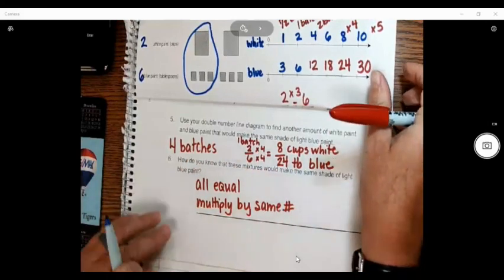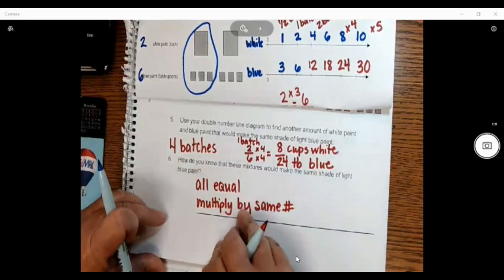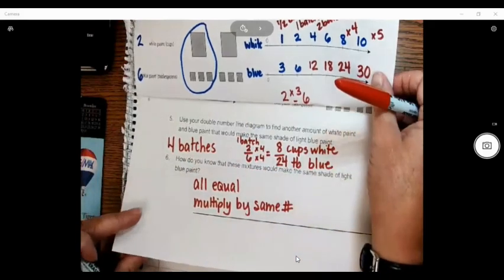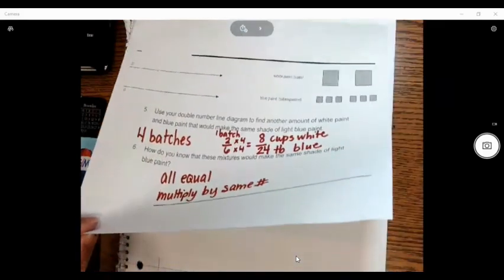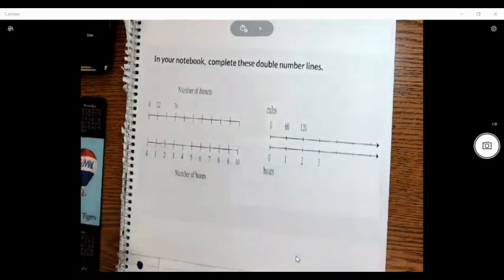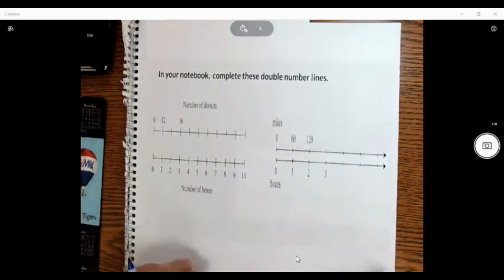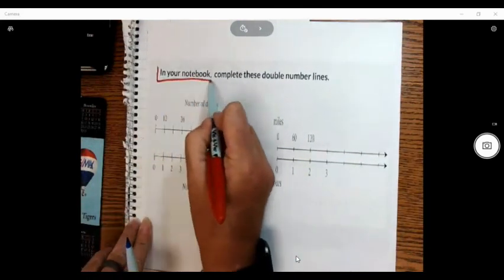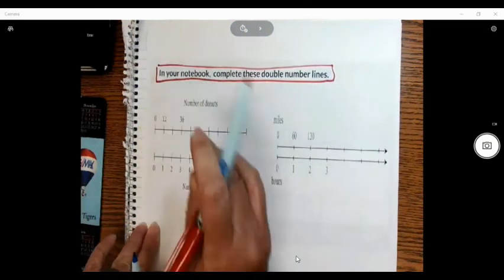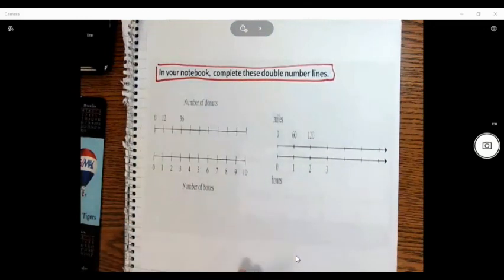Every time we're multiplying by the same number. Okay, so that's going to be on page 48 that you're writing. Okay, so this is in your notebook. So if you'll take a moment, pause the video, and see if you can write this in your notebook. When you're done, unpause it and let's check.